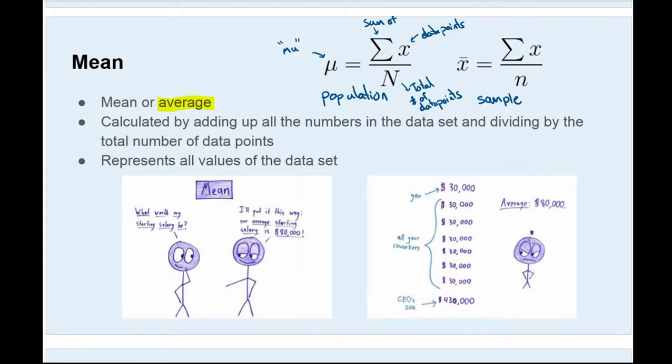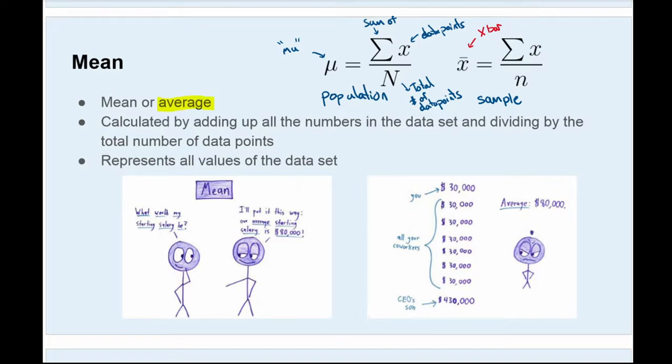The second one is the exact same thing, just different notation, because it represents a sample. Here, the symbol to represent the mean for a sample is x bar, x with a line across it. It's still the sum of the data points divided by the total number of data points in the sample.